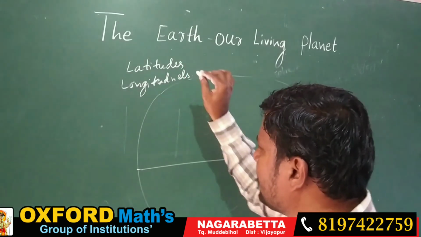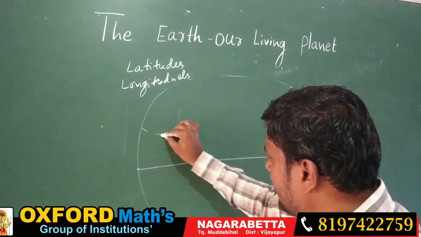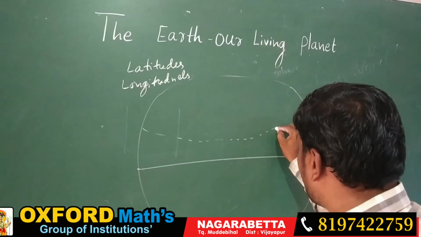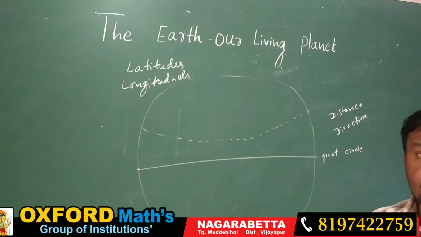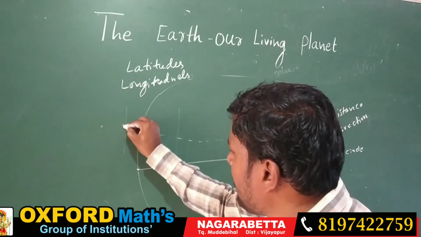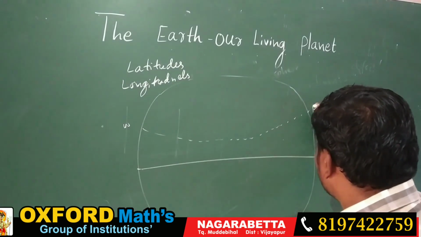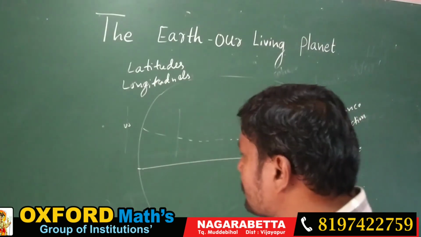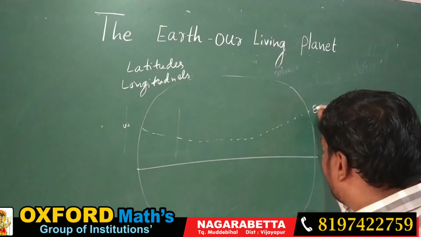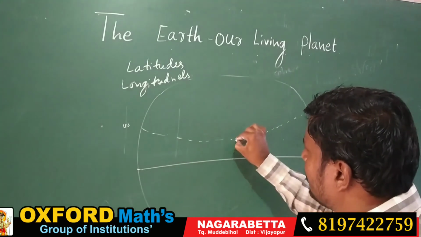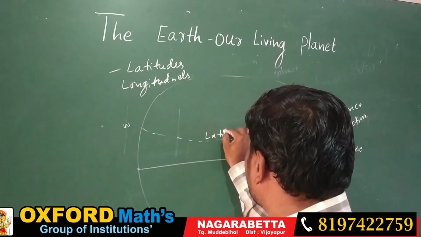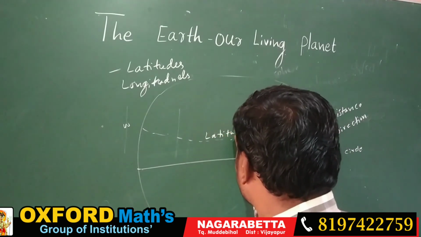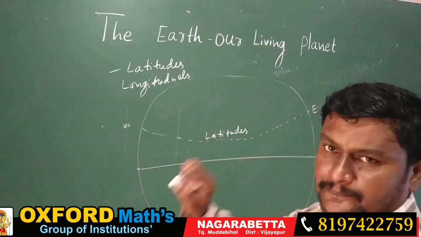Then what are latitudes? Latitudes are imaginary lines drawn on the earth. These are horizontal, crossing from west to east or east to west, however you think. These horizontal lines we draw on the earth are called latitudes, or latitudinals.